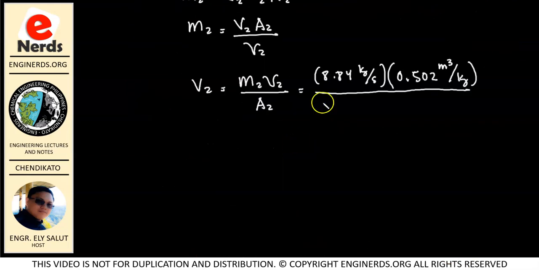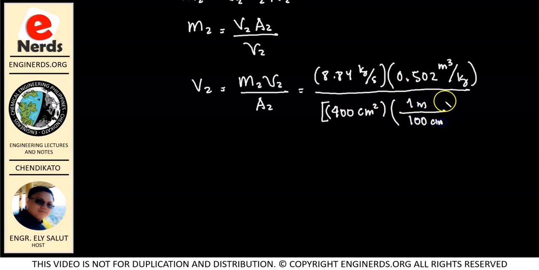So, we have 400 centimeters squared, but we need to convert this into square meters, no? So, for every 1 meter, we have 100 centimeter, and we need to square that. Alright, so kung i-check natin yung ating mga units, makikita natin that our centimeter squared will be cancelled out.